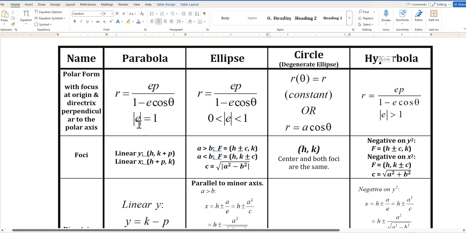If the absolute value of e is 1, you get a parabola. The absolute value of e here is the actual eccentricity. If this absolute value of e is between 0 and 1, you get an ellipse. If it's a slightly different formula, just r equals a cosine theta, that is a circle centered at the origin. And then if you have the same formula with eccentricity greater than 1, you get the hyperbola.